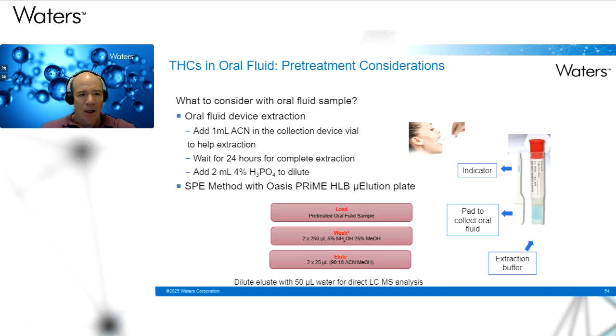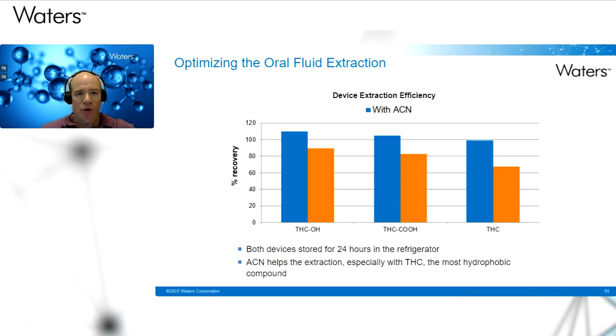And then we also modified our SPE method with a wash containing 5% ammonia to give us a cleaner sample as well. Taking a look at this, the first part, we found we weren't getting the extraction recovery we expected from the device, from the whole method.